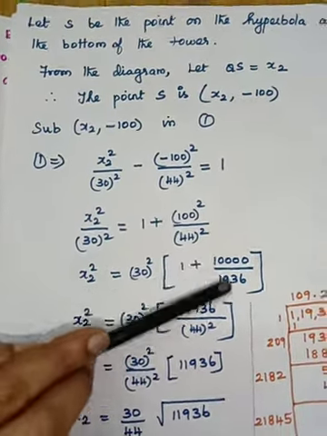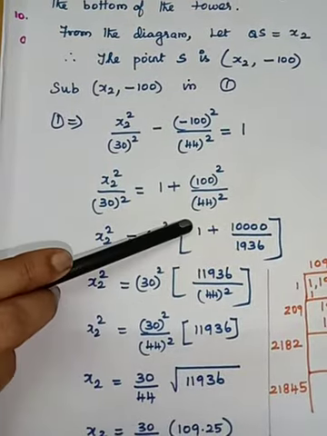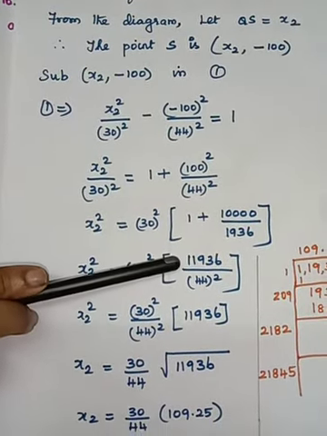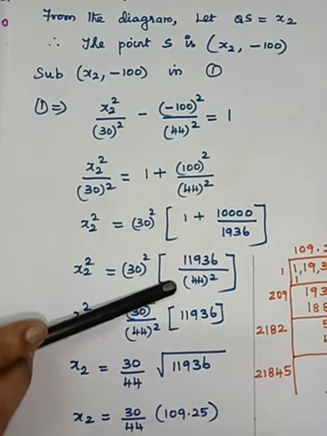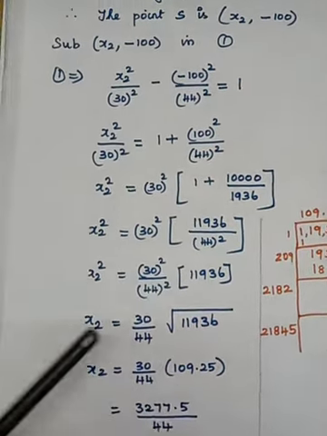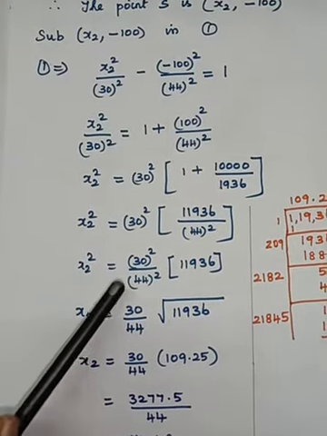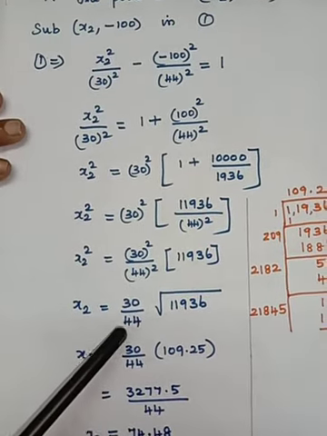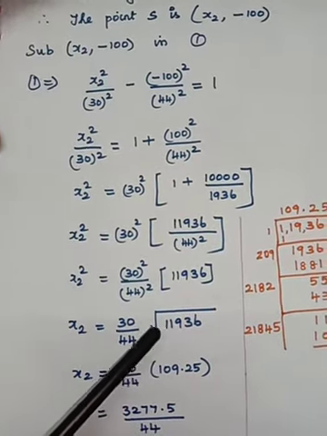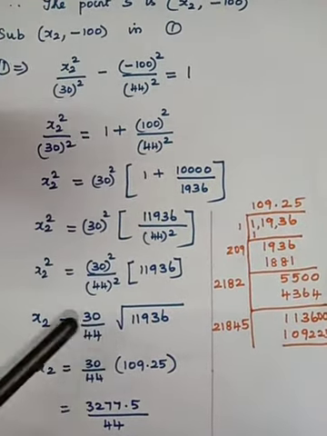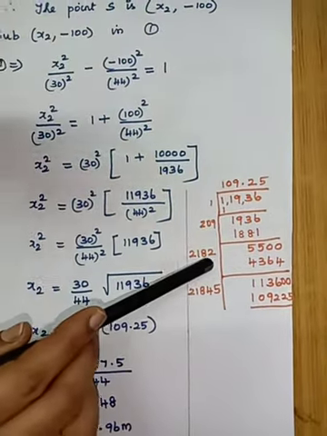So you have to calculate this. You have to take the LCM. So the LCM is 11,936 divided by 44 the whole square. So x2 is nothing but the square root of this. So it is 30 by 44 and the square root of 11,936. So the square root is calculated here.